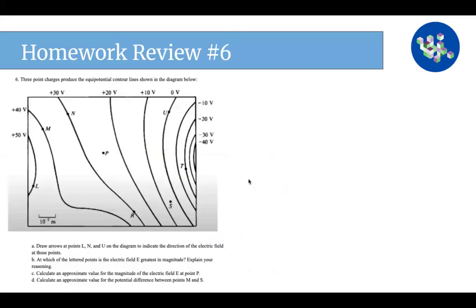My last homework problem. Three point charges produce the equipotential contour lines shown in the diagram below. Draw arrows at points L, N, and U on the diagram to indicate the direction of the electric field at those points. Well, this is basically the same as the last problem, because remember, the potential is decreasing as I go that way.